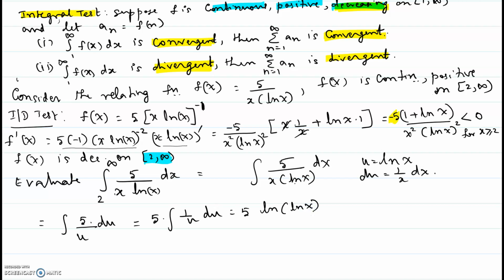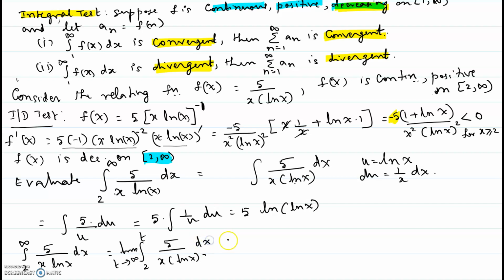So coming back to our improper integral, I just didn't apply the limit here, because if you change the value to a new variable u, then you have to apply the new limit. Now I'm going to apply the limits. So the integral 2 through infinity 5 over x times ln x dx would be the limit as t approaching infinity of the integral 2 through t of 5 over x times ln x dx.